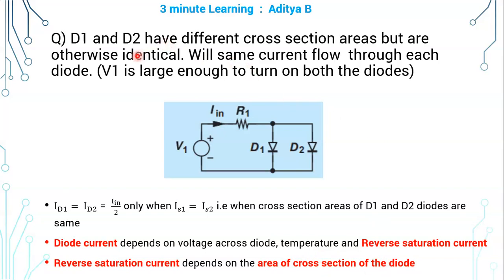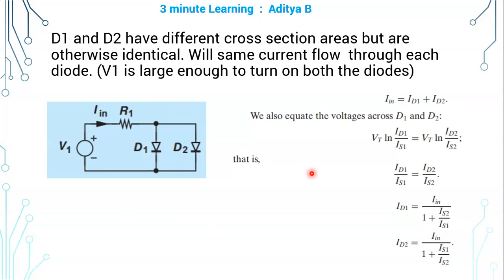If they both have same areas of cross section, then IS1 is equal to IS2 and IN by 2 flows through both of them. If you want to have a more detailed picture and you want to know the exact value of current flowing through the diodes D1 and D2, you can use these equations.